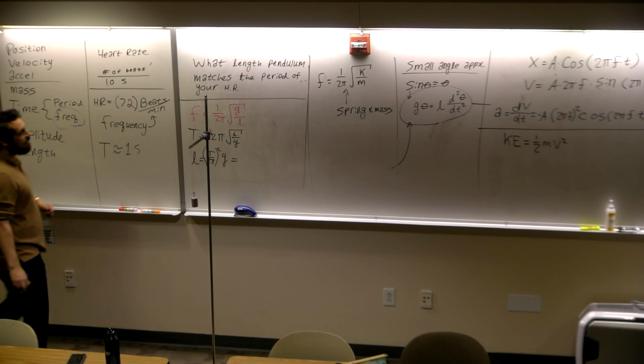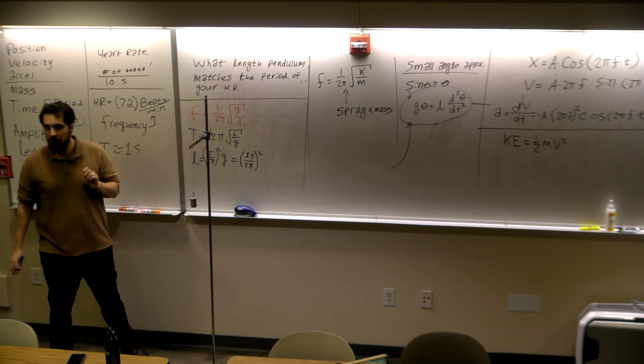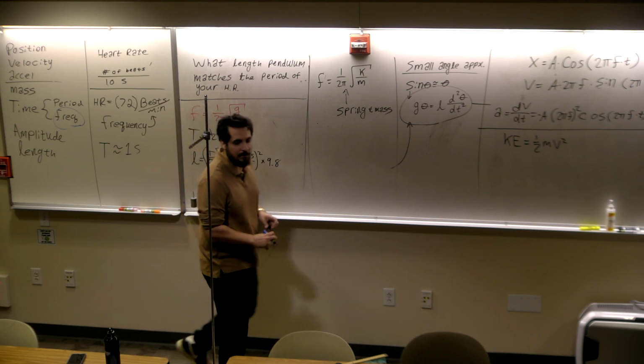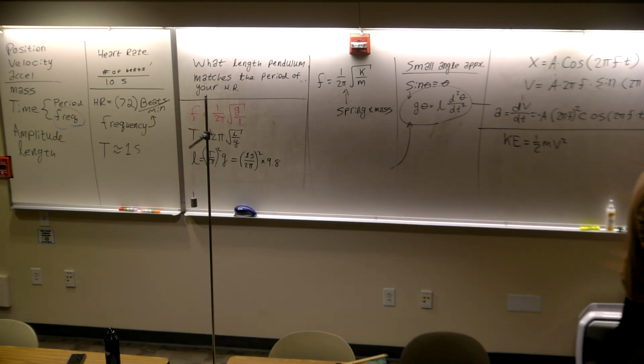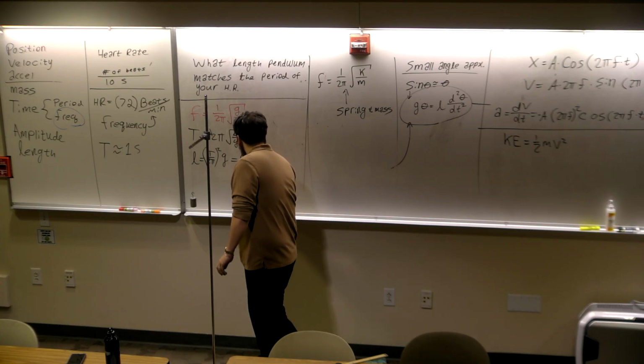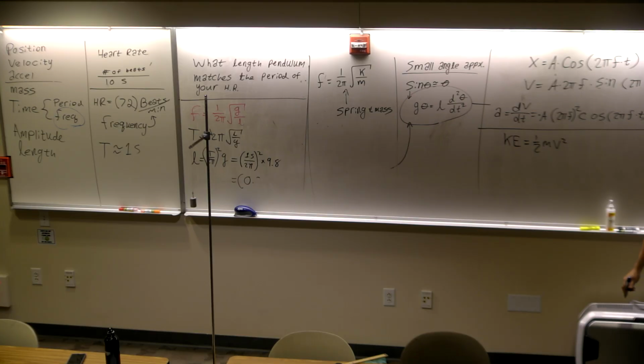If we take 1 second to be the period, we would have 1 second divided by 2 pi, square that, and then multiply it by 9.8. Doing this math, 1 over 2 pi is 0.159.